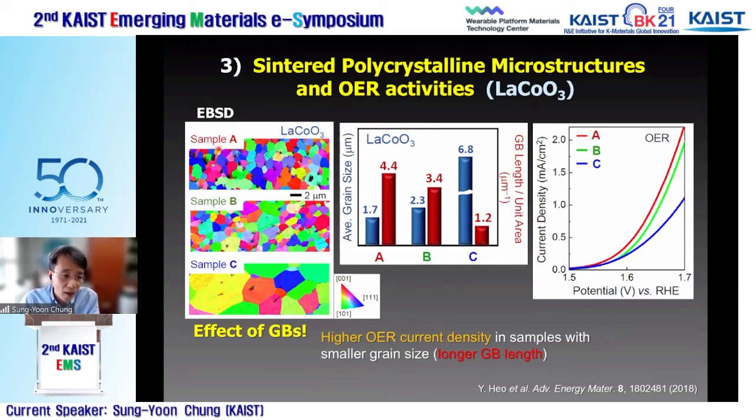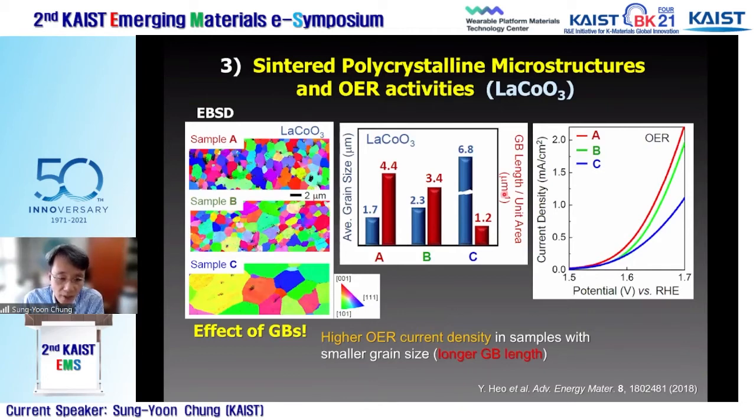Sample A is a fine-grained polycrystalline sintered sample, which means the grain boundary area, the grain boundary length, is much higher. But sample C is a larger-grain sample, so the length of the grain boundary is much shorter.